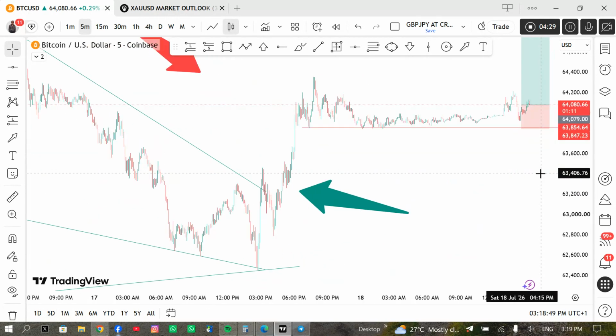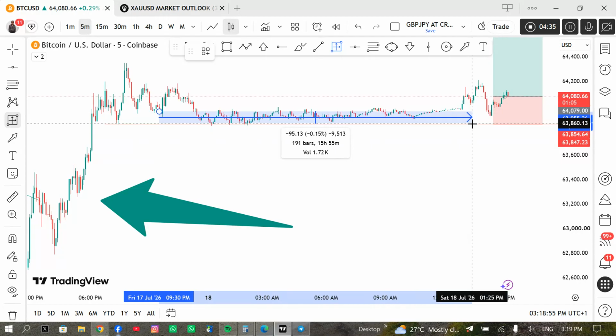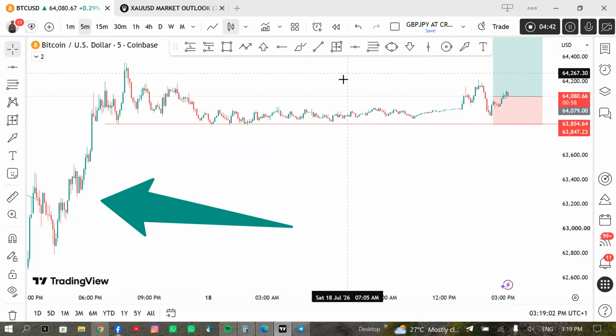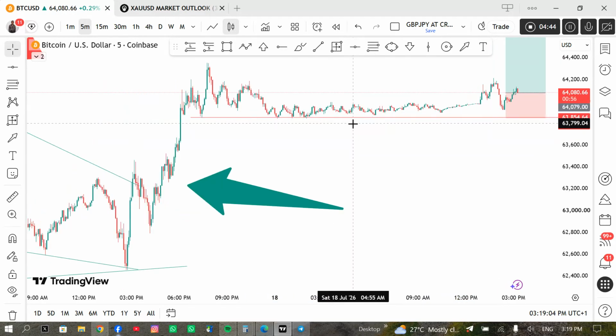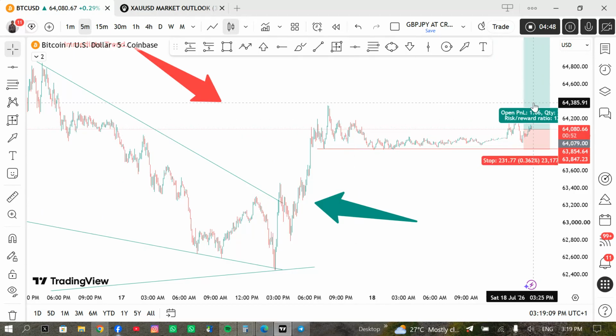So if I zoom in this chart here, you can see that for a couple of hours, for about 16 hours now, price has been ranging around that level, and that range is showing me that orders are being accumulated for price to push to the upside.